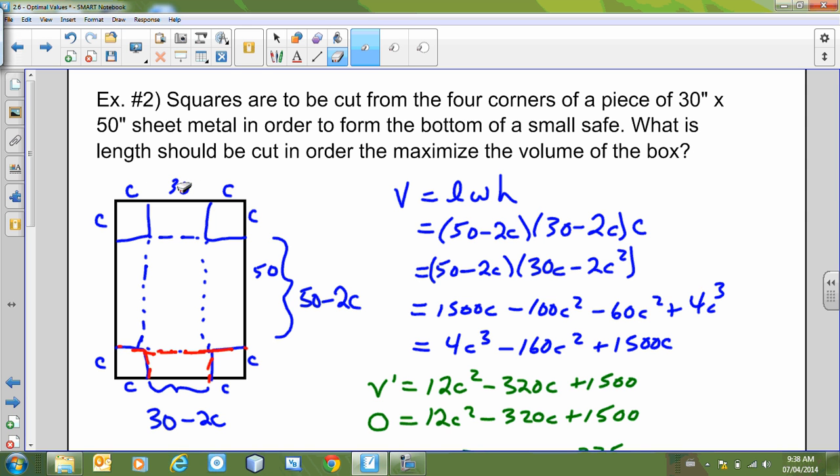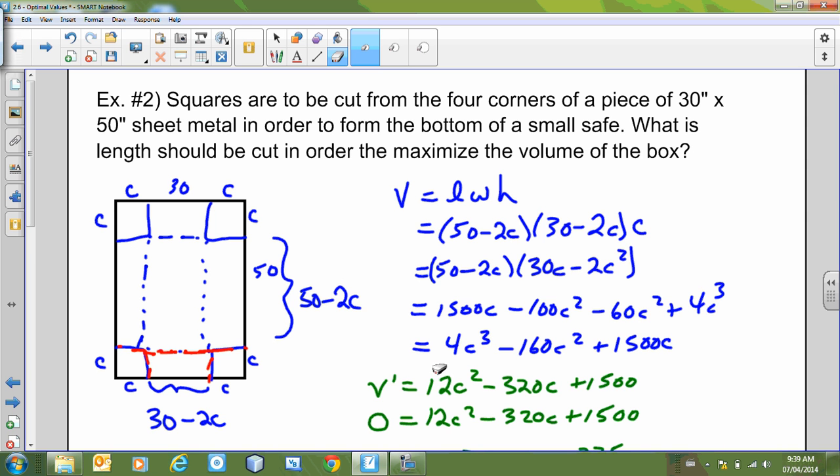I would get 24 as my length, 3 here, I get 44 as my length here, and then my height would be 3, multiply 24 by 44 by 3 to find my volume. So we do exactly the same thing here, except with the variable still in there.